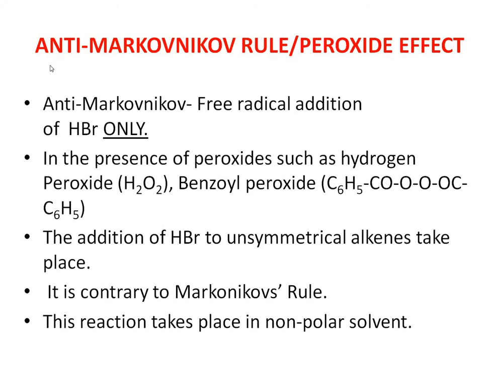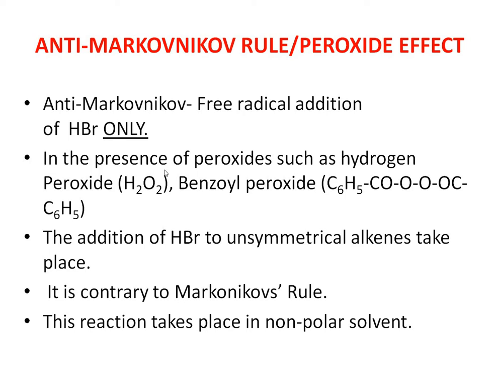Another rule is the anti-Markovnikov rule, or what we call the peroxide effect. This rule is applied on the free radical mechanism, and it applies only to the addition of HBr.